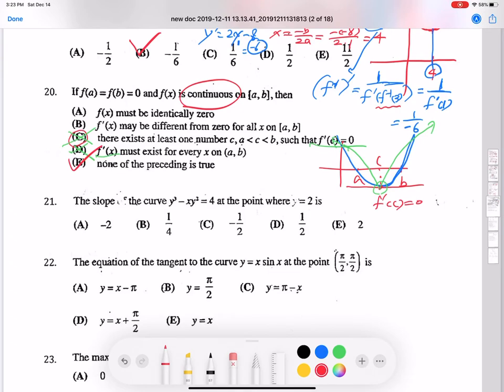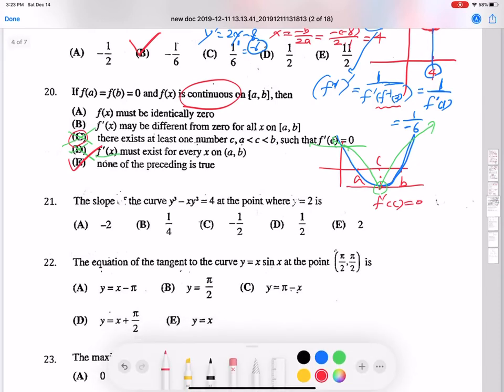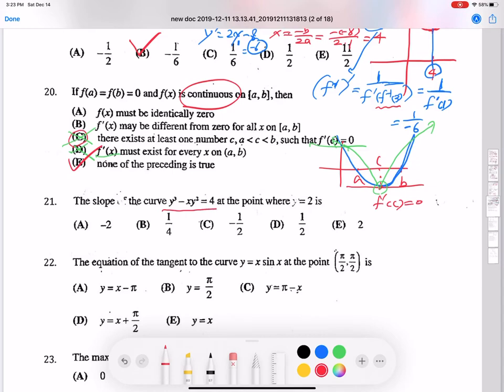Number 21. The slope of the curve y cubed minus xy squared is equal to 4 at the point where y equals 2. Find the slope at y equals 2. So I want to find x when y equals 2. Plug in 2 for y: 2 cubed minus x times 2 squared is equal to 4.